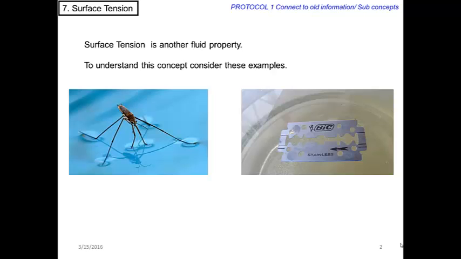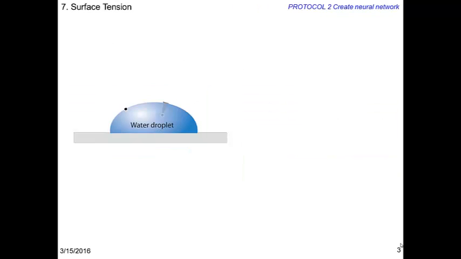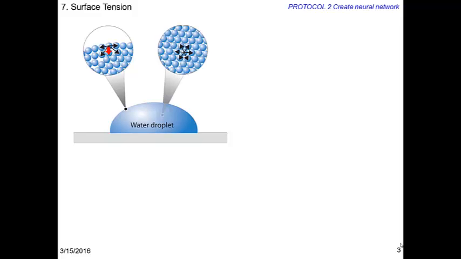To better understand this concept, consider a fluid with a free surface. A droplet of water will be a good example. If we look closely at two locations, one on the surface and the other inside the drop, we can see that surface molecules experience an unbalanced intermolecular force, or cohesive force, in comparison to a fluid molecule inside the droplet.